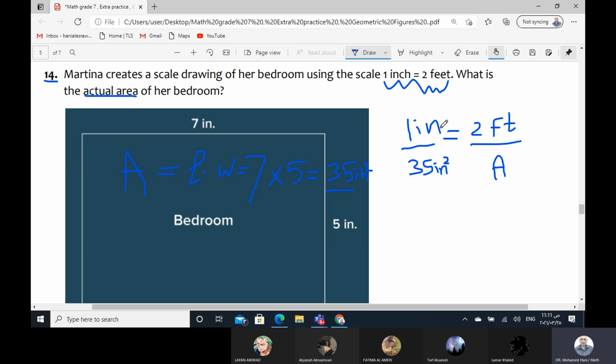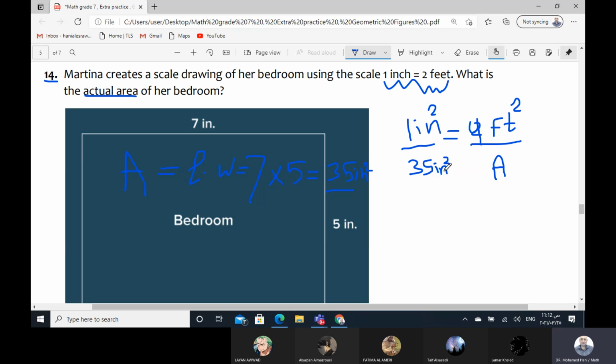Here we have different units. We cannot use inch and inch squared at the same time. So what I do, go to the scale and try to square it. What is 1 squared? 1. What is 2 squared? 2 squared means 2 times 2. Means here we have 4 feet squared.